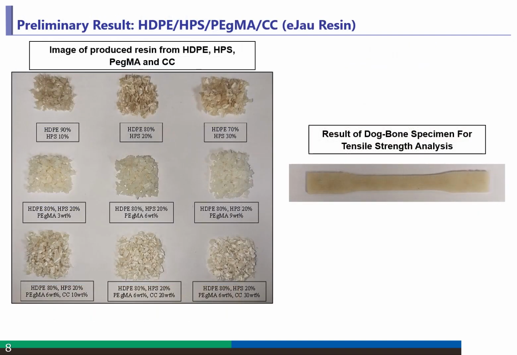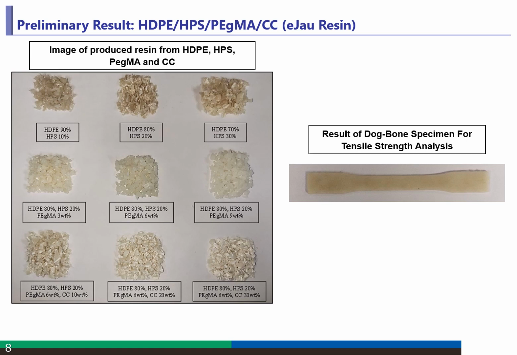Next, I would like to show the preliminary result for the HDPE HPS PEGMA CC formulation, known as Hijau resin. The first one is an image of the produced resin from HDPE, HPS, PEGMA, and calcium carbonate. The first row of the image shows the formulation with different amounts of HPS, the second row shows the addition of different amounts of PEGMA, which is the compatibilizer, and the last row shows different amounts of calcium carbonate, the filler.